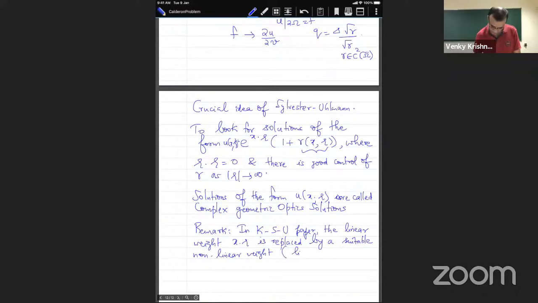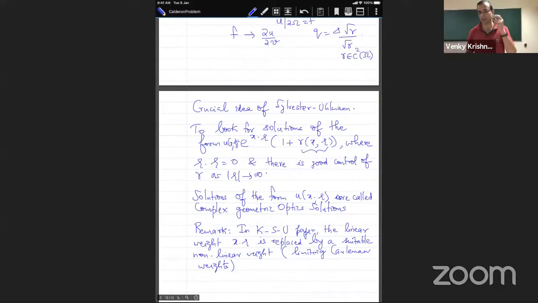These are what are called limiting Carleman weights. It is modeled on the fact that you have zeta R plus i zeta I. The length of zeta R should be the same as the length of zeta I, and these two should be perpendicular to each other. So these conditions should also be satisfied in the nonlinear setting.